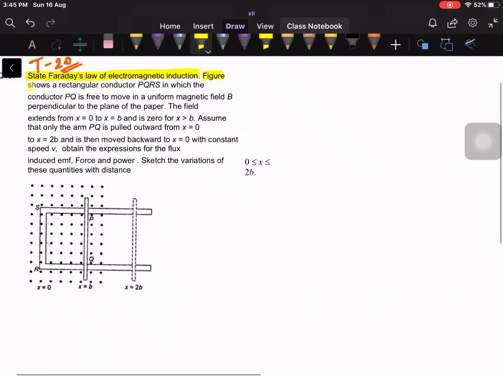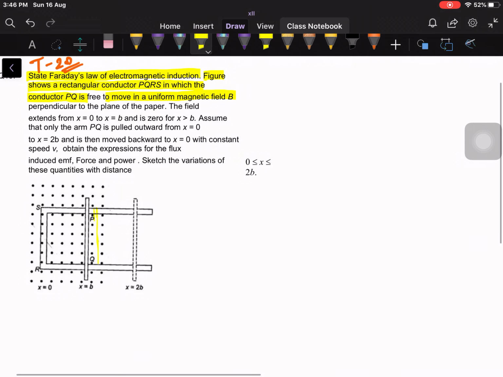Figure shows a rectangular conductor PQRS in which the conductor PQ is free to move in a uniform magnetic field B. This PQ can move only. The magnetic field B is perpendicular to the plane of the paper. The field extends from x equal to 0 to x equal to b and is 0 for x greater than b.